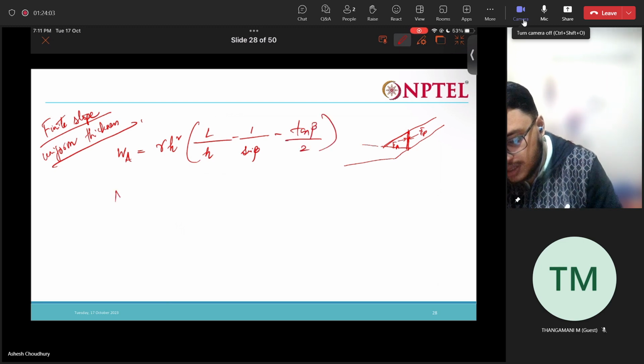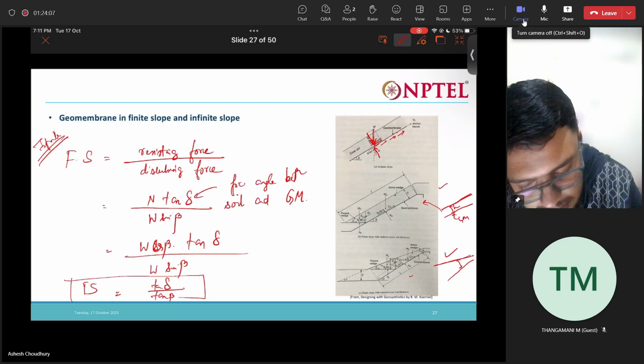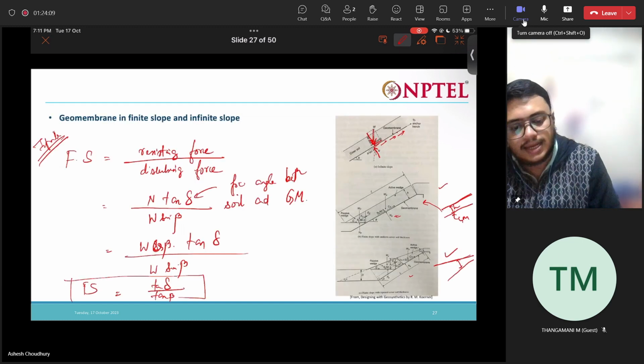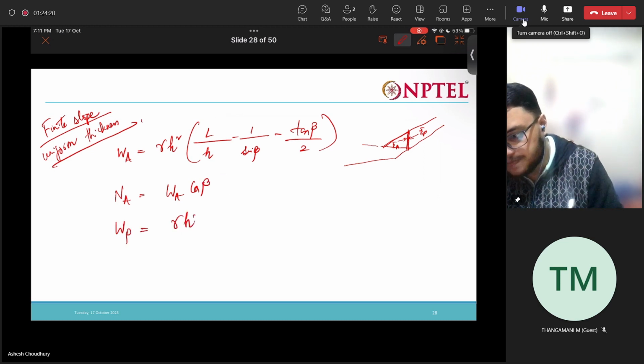to this Na. So Na, you can see, is this normal force. This Na is given by, and the weight of the passive wedge is given by gamma h square.